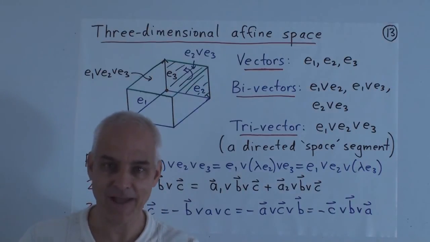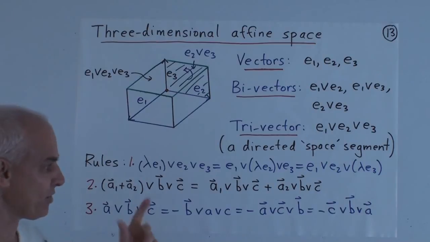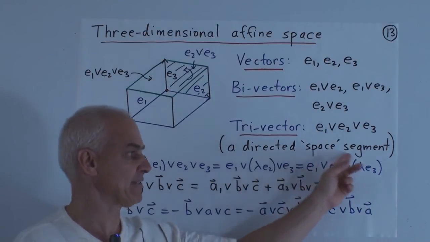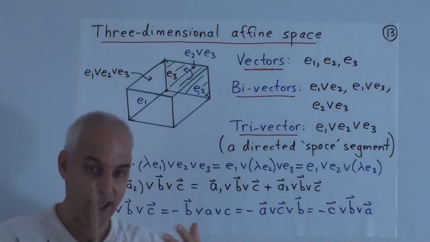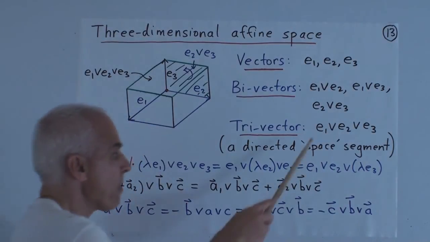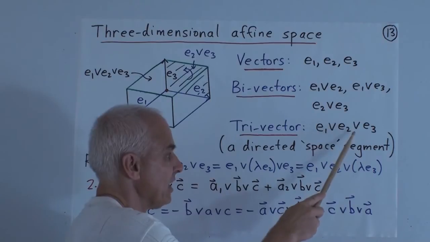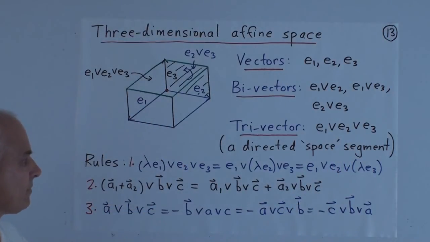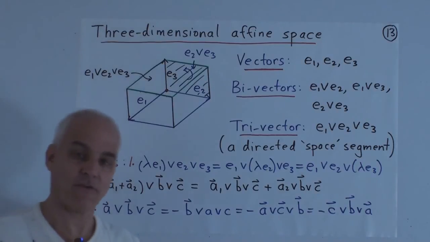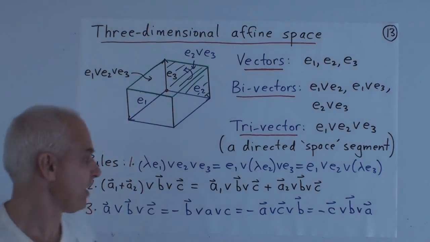So we have one-dimensional objects, we have two-dimensional objects, bivectors, but now we also have a three-dimensional object, a trivector. A trivector is what you get when you think of a directed space segment. It's a three-dimensional object, an analog of a parallelogram formed by 3 vectors. We'll write E1 wedge E2 wedge E3. The laws for trivectors are very similar to the laws for bivectors.